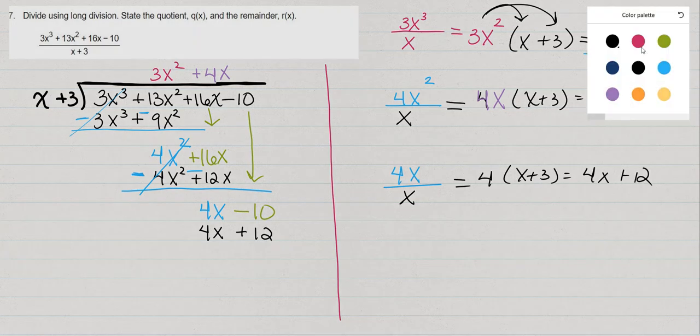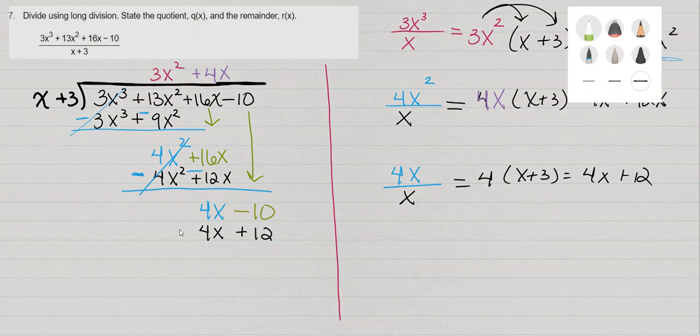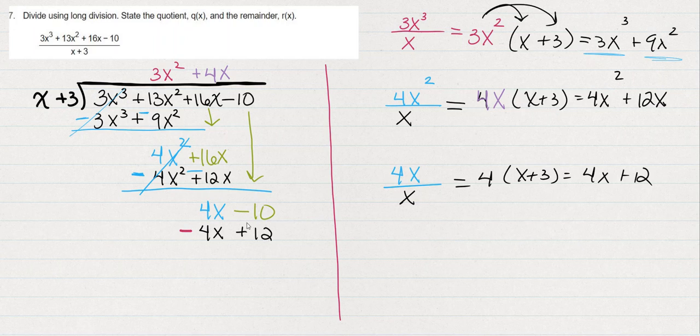And then when I subtract that, I'm subtracting 4x and subtracting 12. Be really careful with the subtraction here because negative 10 minus 12 is going to be negative 22.